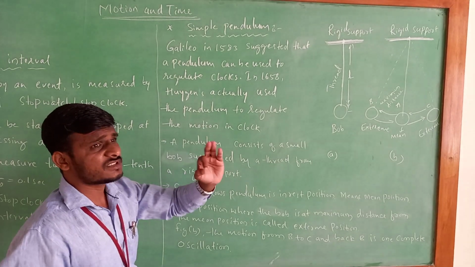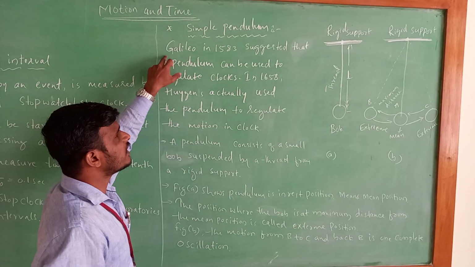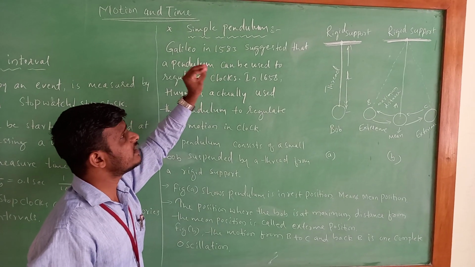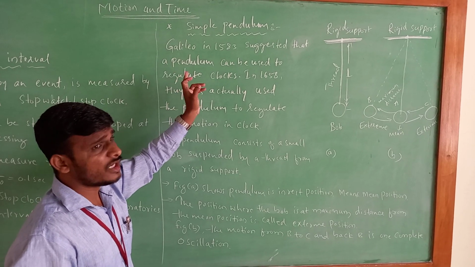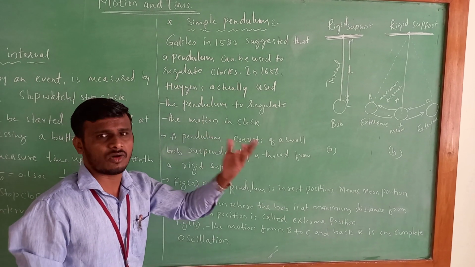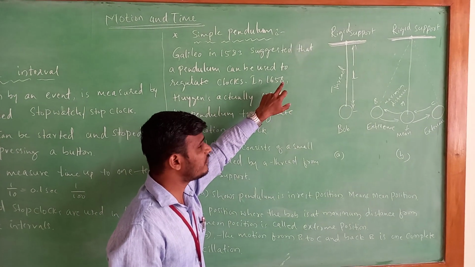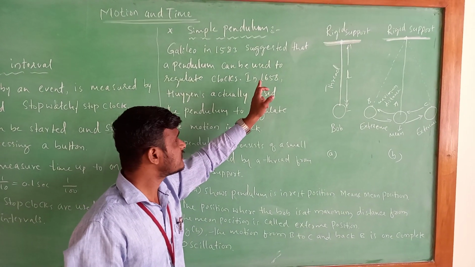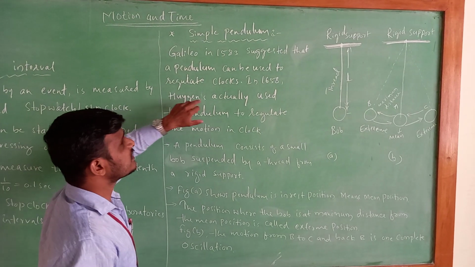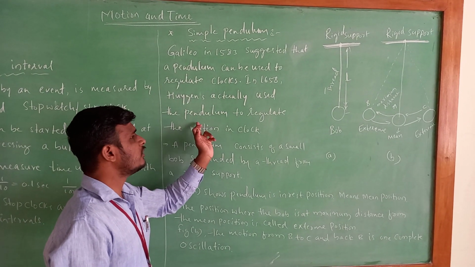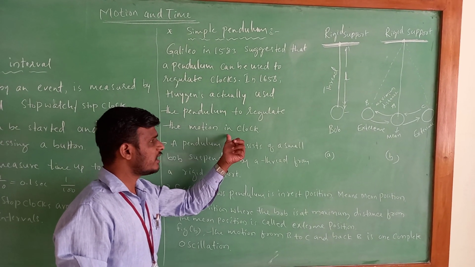Galileo Galilei was the first person to suggest that the pendulum can be used to regulate the clock. After that, in 1658, Huygens actually used the pendulum to regulate the motion of a clock.